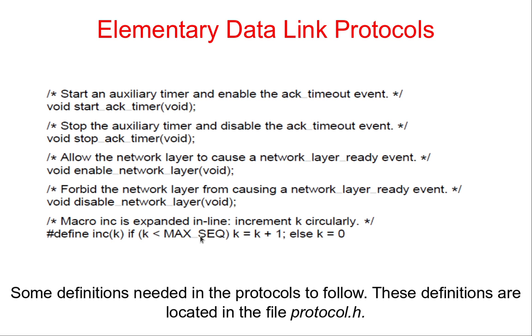So if k is less than max_sequence, k will be incremented by 1. Otherwise, if it has already reached max_sequence, it will be reset to 0. So that's a circular increment of k from 0 to max sequence.